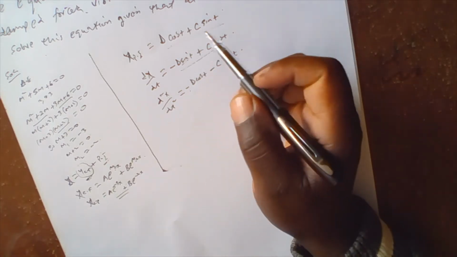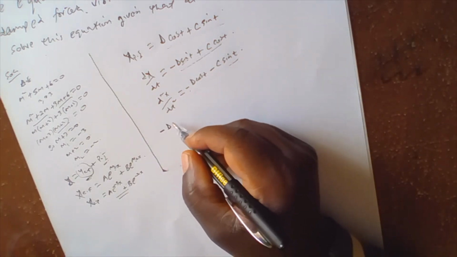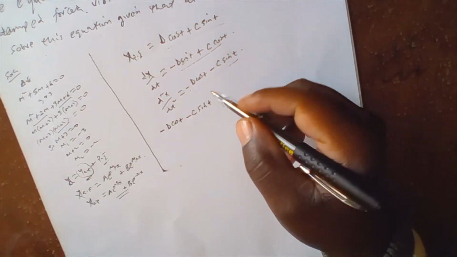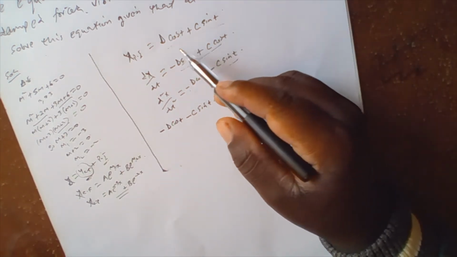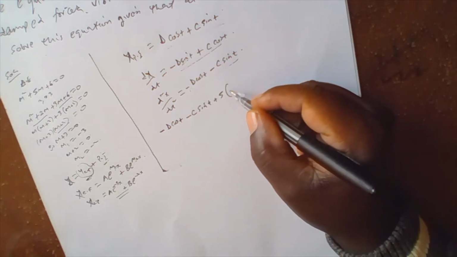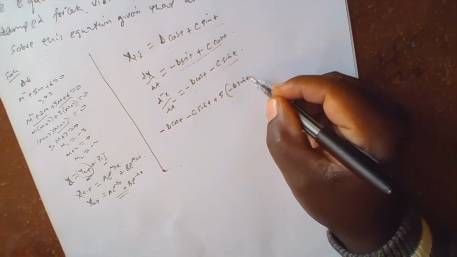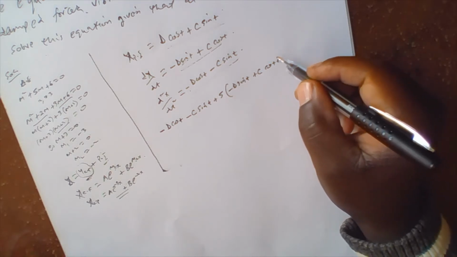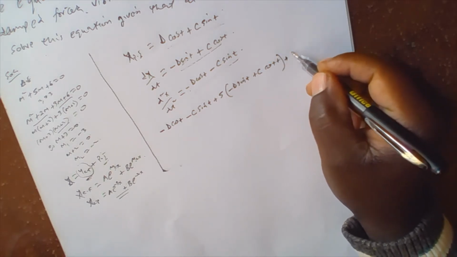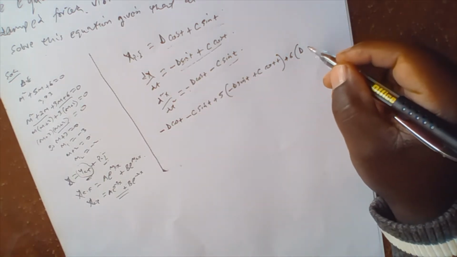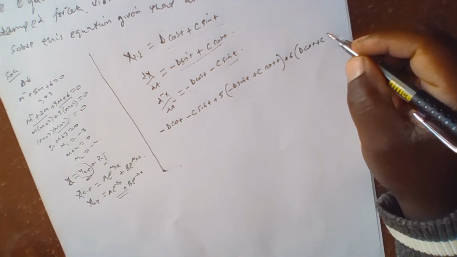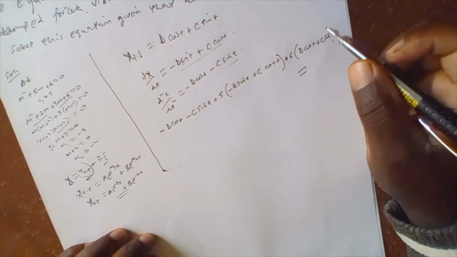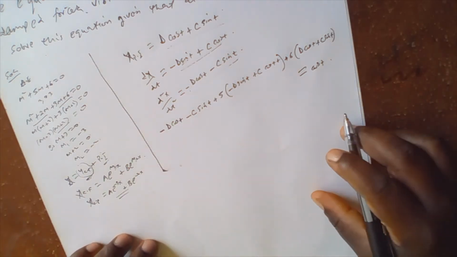So our equation now becomes -d cos t - c sin t, plus 5 into our dx/dt, which is -d sin t + c cos t, close the bracket, plus 6 into our x, d cos t + c sin t, equals cos t.